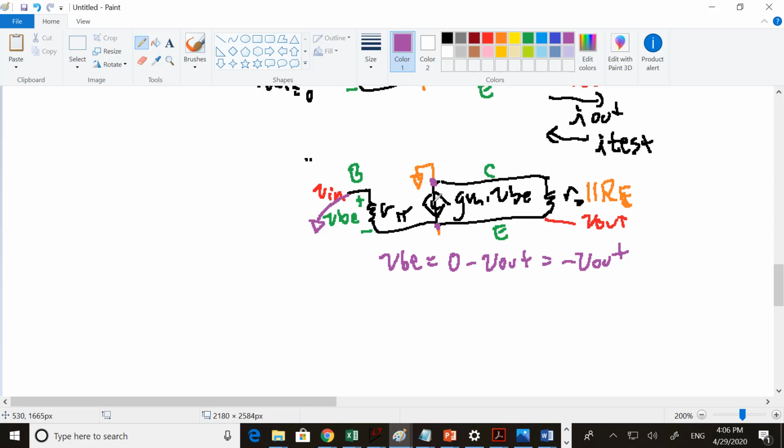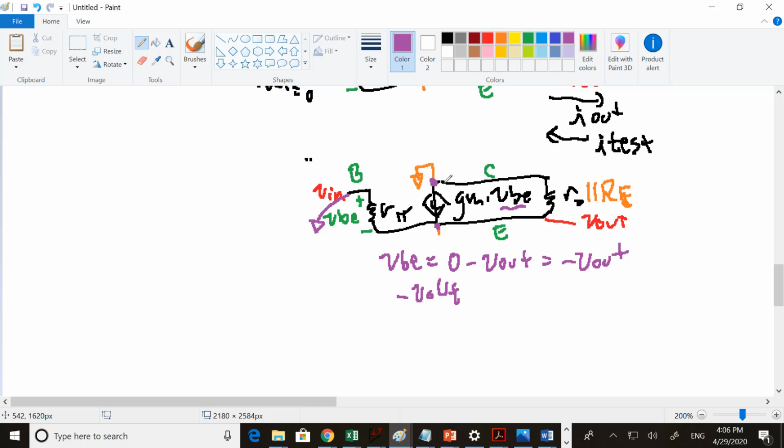So the voltage across this current source is 0 minus V out, so the voltage across the current source is negative V out. And hey, that equals the voltage inside the current source.